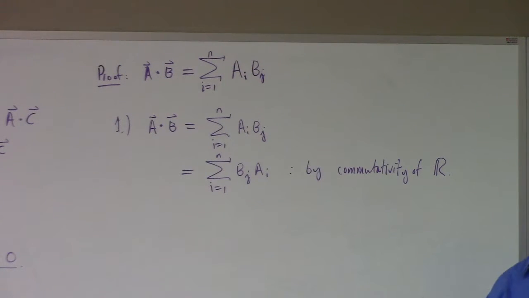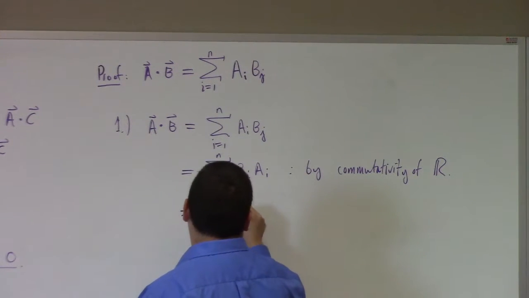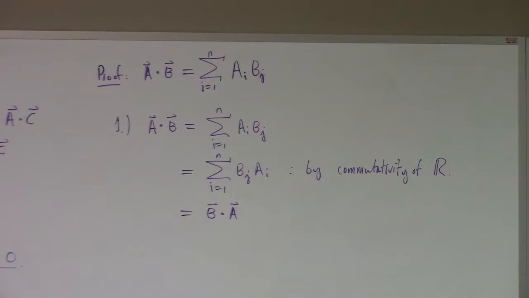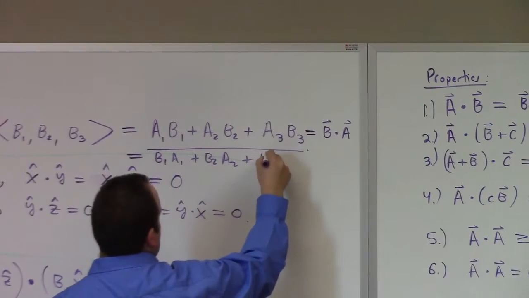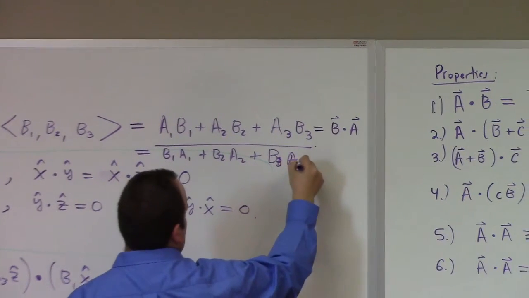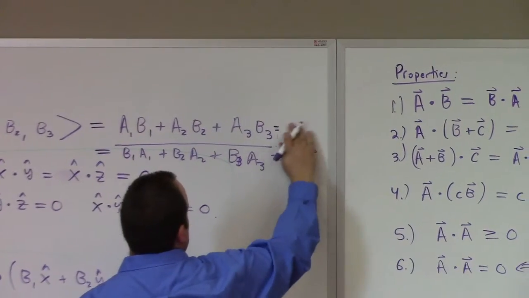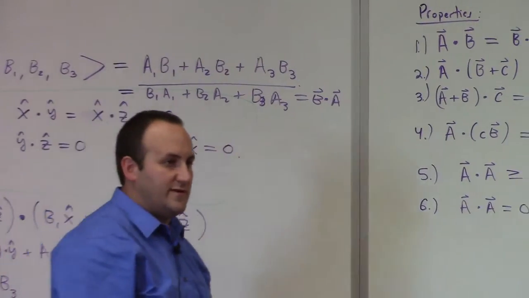But what's that? That's exactly b dot a. Which is the same thing I said over here, but I didn't write out. To actually write that out over here, I'd have to have another step. b1a1 plus b2a2 plus b3a3. So there is the full proof in the no summation because I'm afraid of sums way of proving it, okay?